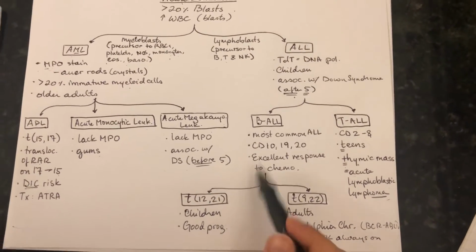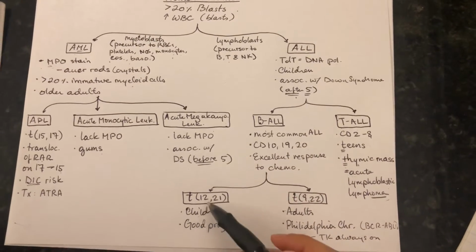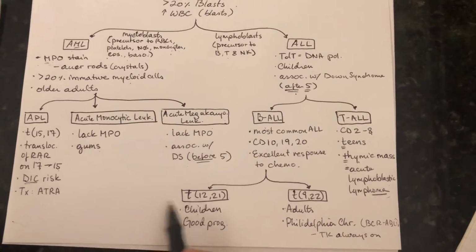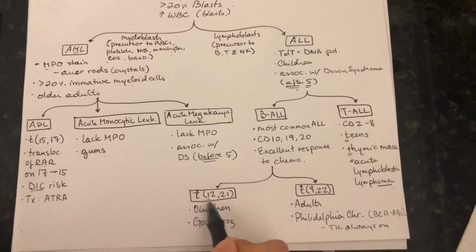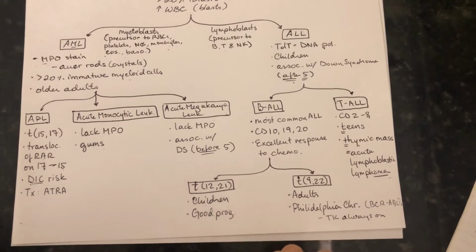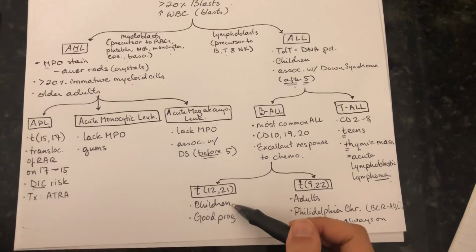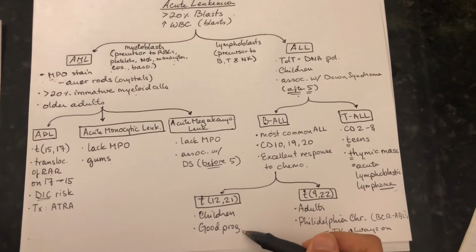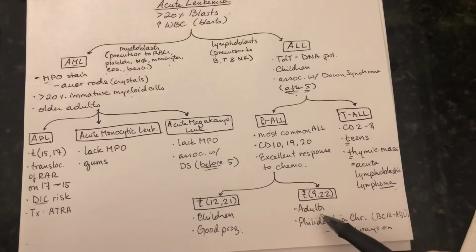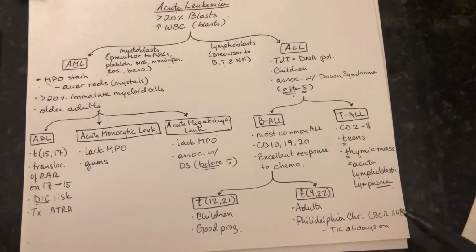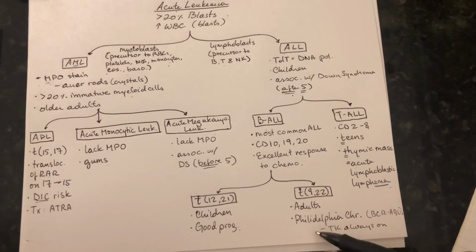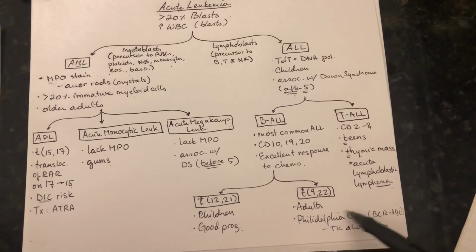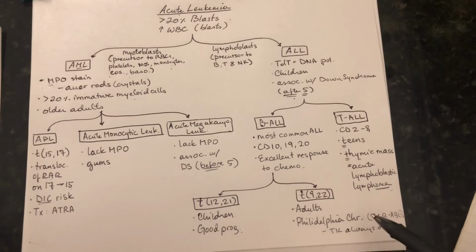Okay, and then B-ALL is further subdivided into two types. One is going to have the translocation between chromosomes 12 and 21. This happens in children and has a good prognosis. The other kind is the t(9;22) translocation. That's called the Philadelphia chromosome. This happens in adults.